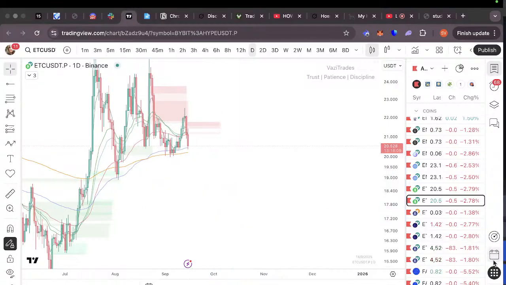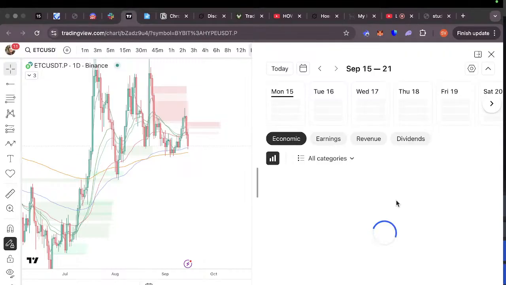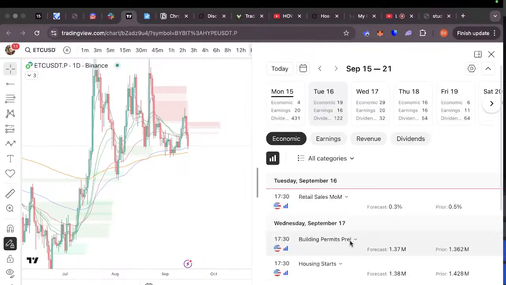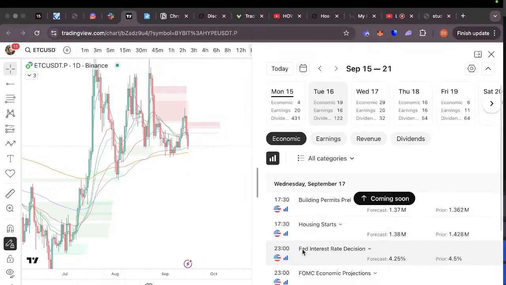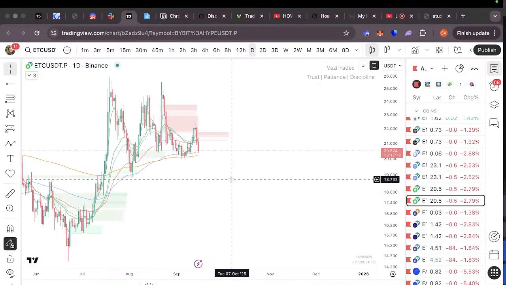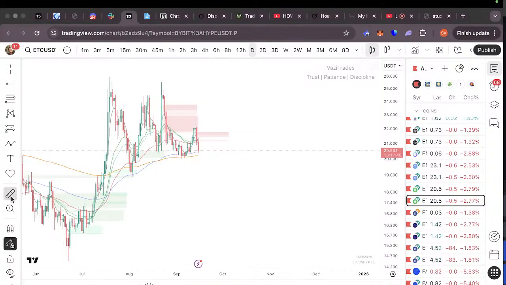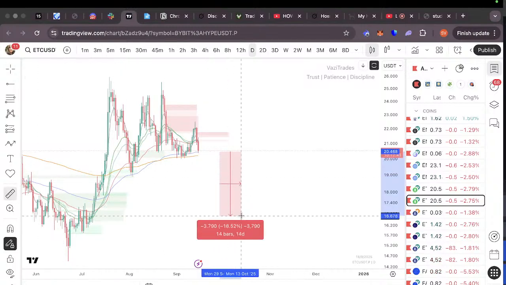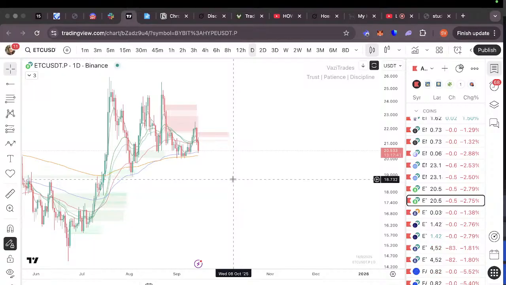And this week, on Wednesday, we have the Fed interest rate decision. I think this will be a key day for us to understand if there will be an alt season or a bear market again for altcoins, meaning a drop of 20-25% and then alt season.